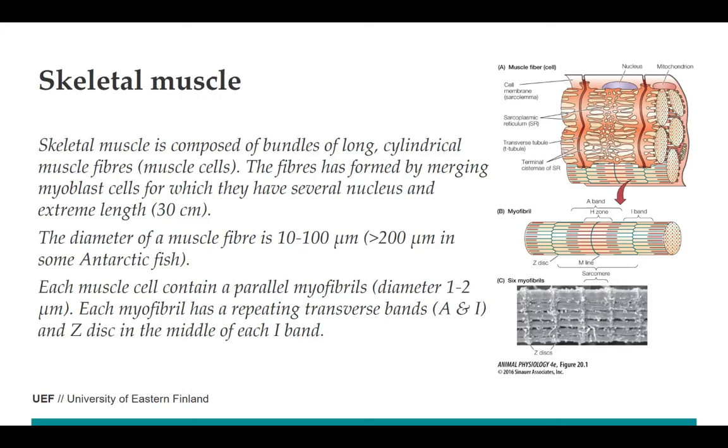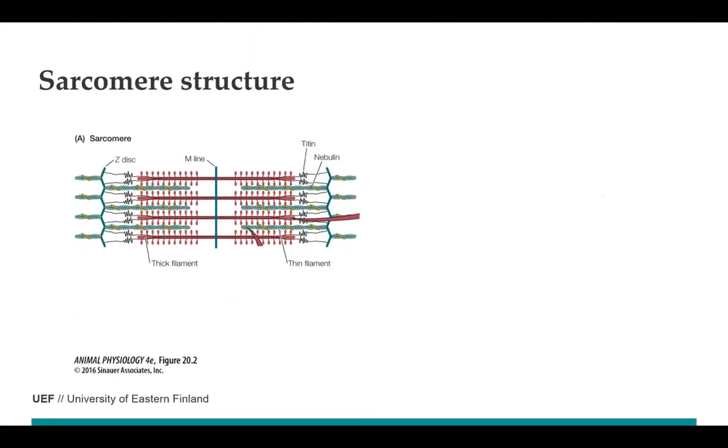And during the microscope preparations of a skeletal muscle, when you are staining, these A bands and I bands have different colors. So that's why you can have the striated structure.